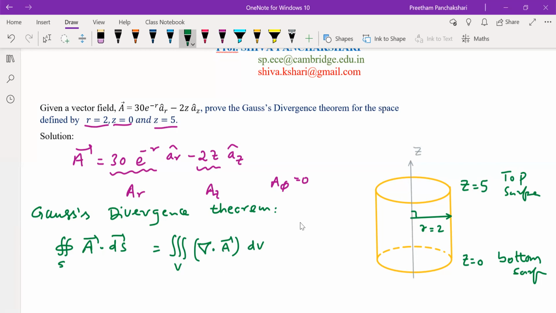It includes the top surface, bottom surface, and the cylindrical side. So when we perform closed surface integration over the cylinder, we have to perform 3 different integrals: one over the top surface, another over the bottom surface, and the cylindrical side.